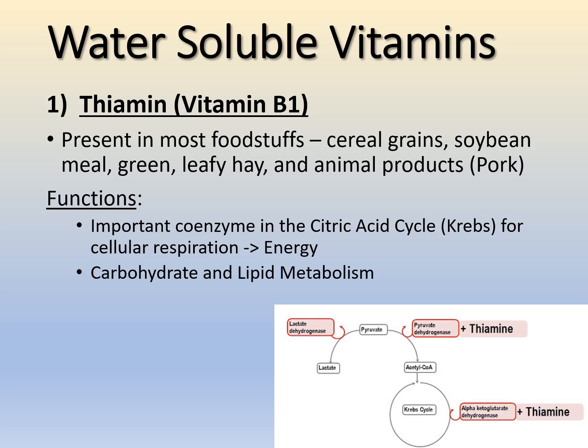So it's a coenzyme in the citric acid cycle or Krebs cycle. So it's very important for energy. We see it in carbohydrate and lipid metabolism as well. So remember, we said one of those big important general functions of vitamins is the coenzyme activity. So this is an important coenzyme in cellular respiration.